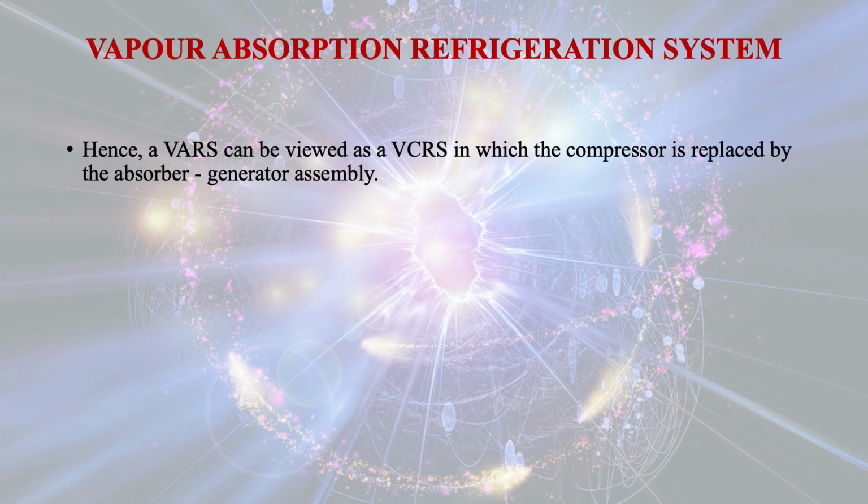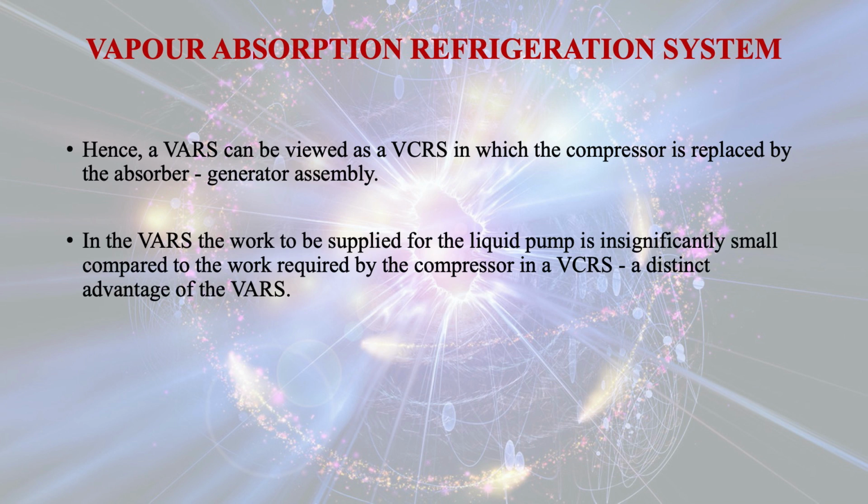Hence, a vapor absorption refrigeration system can be viewed as a VCRS, that is vapor compression refrigeration system, in which the compressor is replaced by the absorber generator assembly. In the vapor absorption refrigeration system, the work to be supplied for the liquid pump is insignificantly small compared to the work required by the compressor in a VCRS.